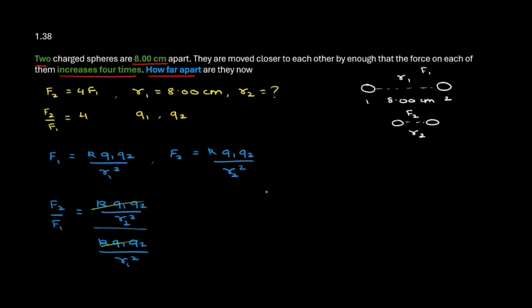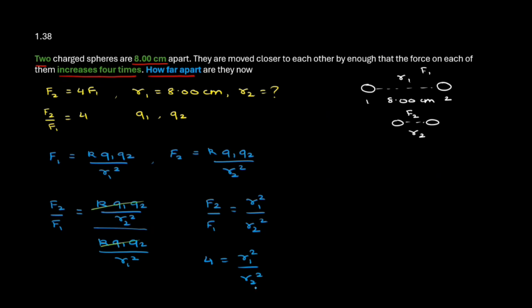And then we can rewrite this ratio as F2 over F1 equals R1 squared over R2 squared. We already know that F2 over F1 is 4, so I can substitute that here: 4 equals R1 squared over R2 squared.